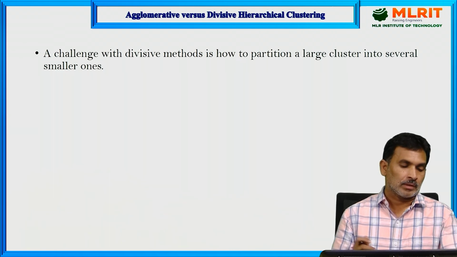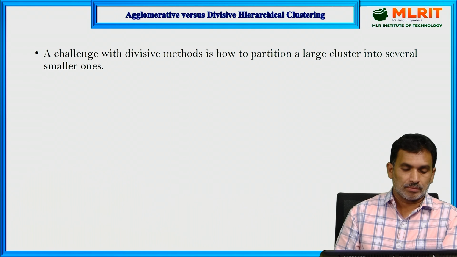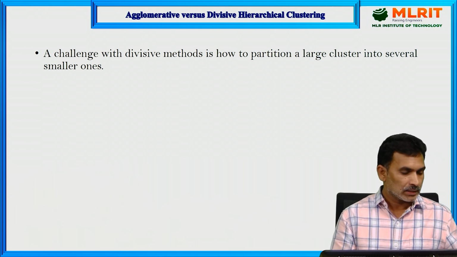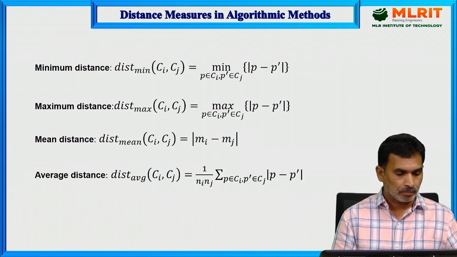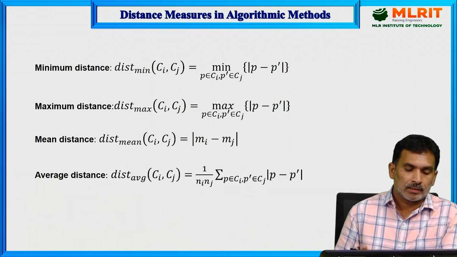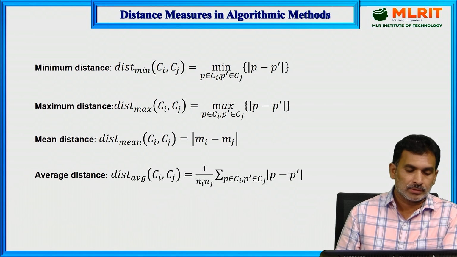The challenge with the divisive method is how to partition a large cluster into several smaller ones. Next, another important thing is that in every clustering approach we find a distance, and based on that distance we observe the similarity or dissimilarity.